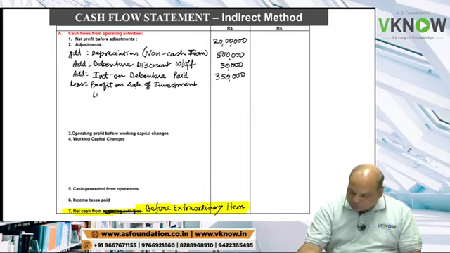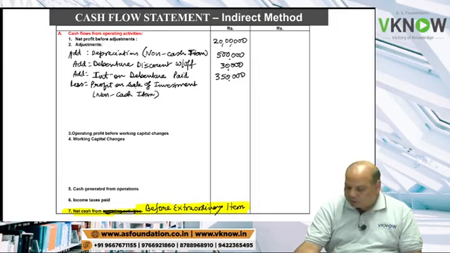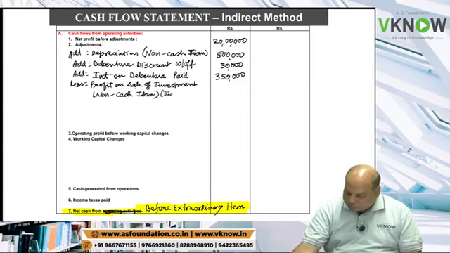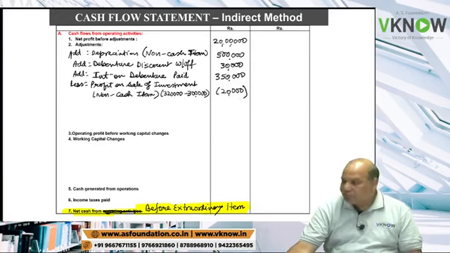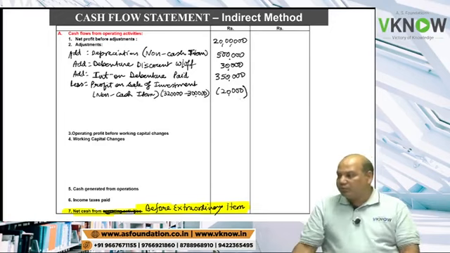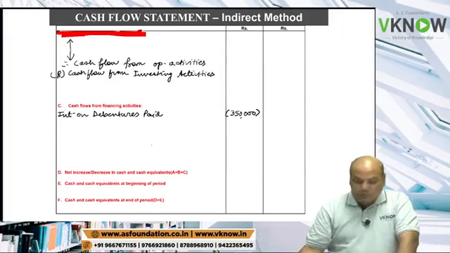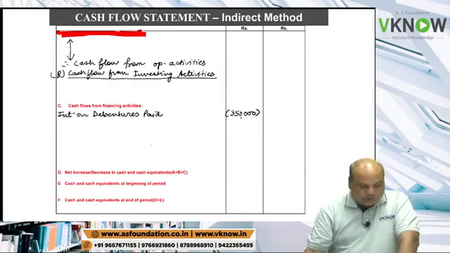This is a non-cash item. Profit credited to P&L account is a non-cash item, and the amount will be 3,20,000 less 3 lakh, that is 20,000. And the actual sale value you will write in investing activity.